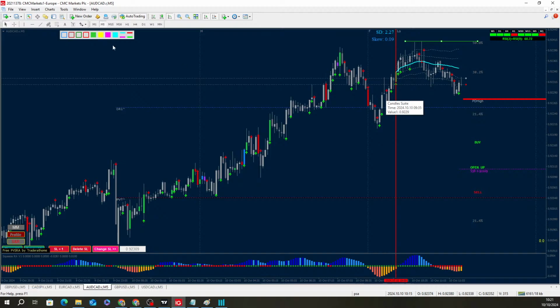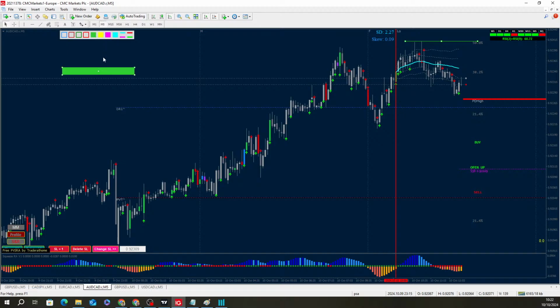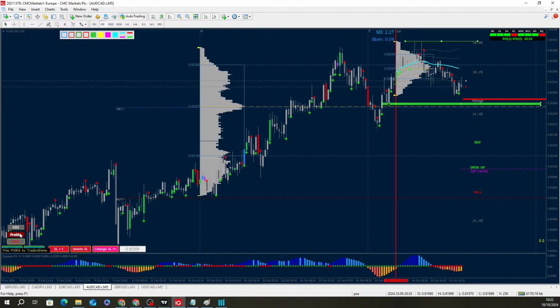This area can be a buy zone. That could be the area to buy the Aussie card from. And that also corresponds with the previous session point of control.